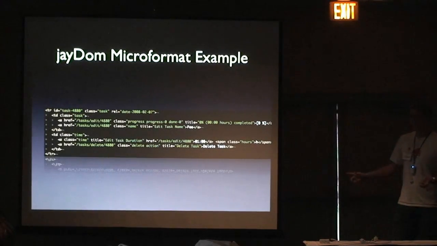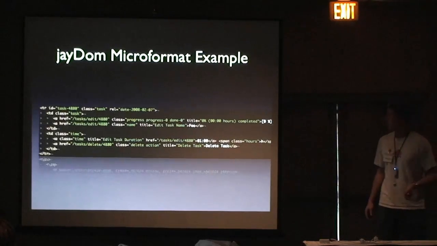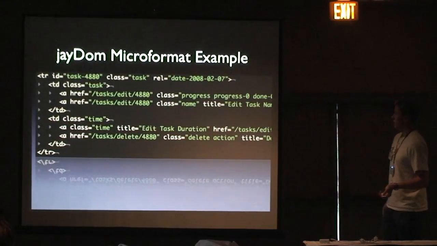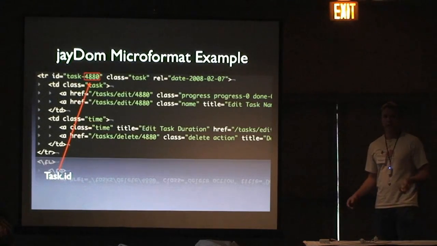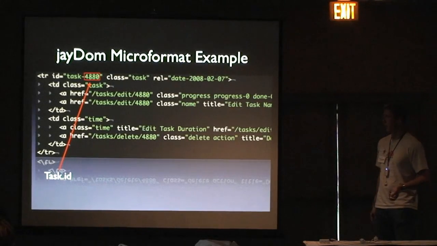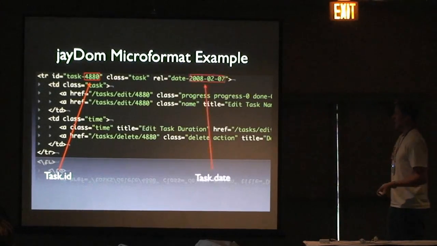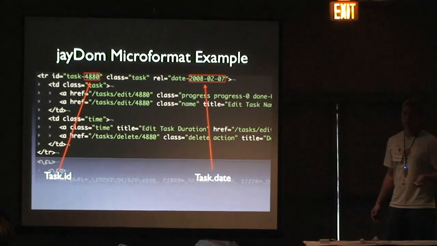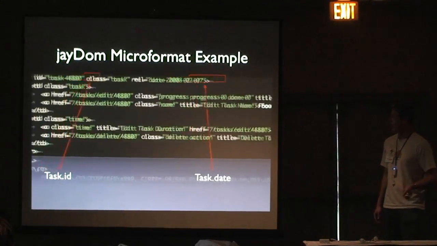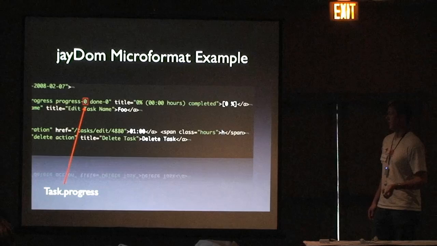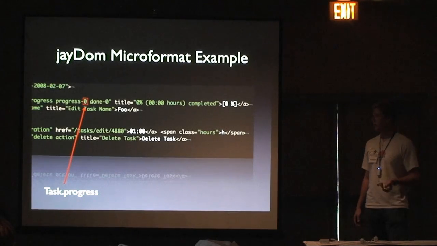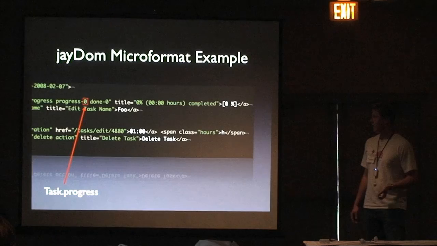Well, let me explain this microformat so it makes some sense. One part of this microformat is, for example, the task ID. It's encoded as the ID of the table row element. Then the task.date is encoded as a rel attribute. There also is a progress on the current task, which is 0 in this case.